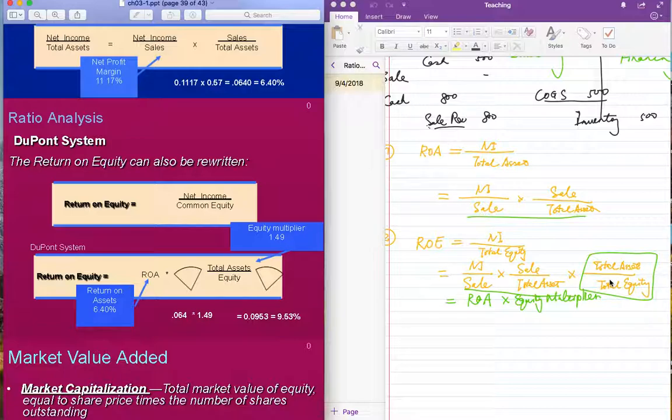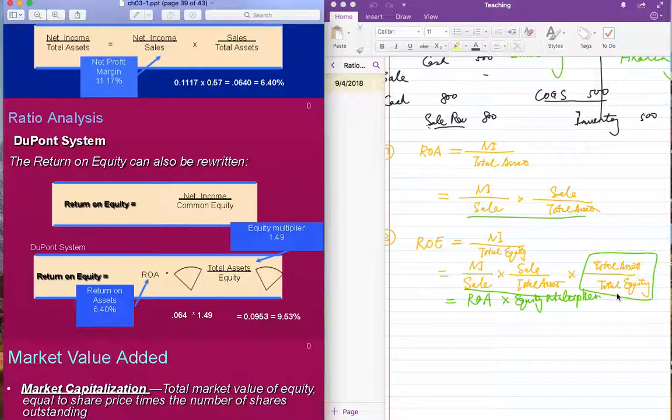I'm just trying to show you why this is a legitimate move. Sales and sales cancel out. Total assets cancel out. So what is left is net income divided by total equity. That is exactly the formula for return on equity. So this is a legitimate separation of return on equity into three different ratios.